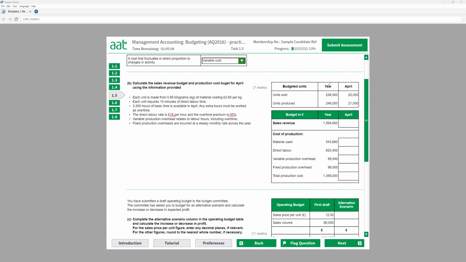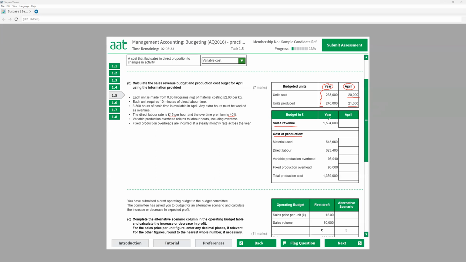We have year information, and we have the month of April, for which we need to calculate the cost of production. In April, we sold 20,000 units and produced 21,000 units.